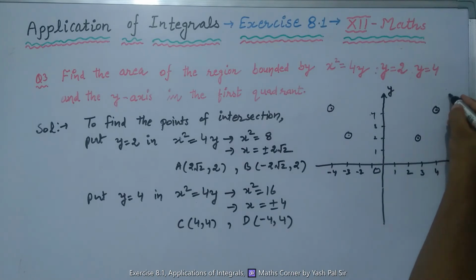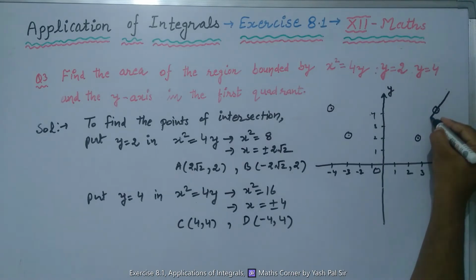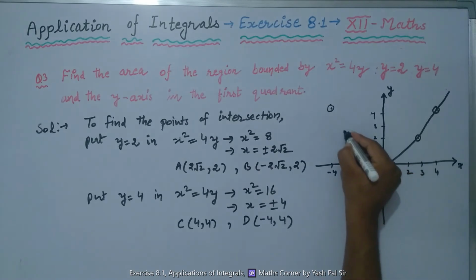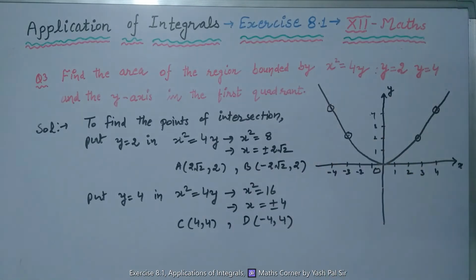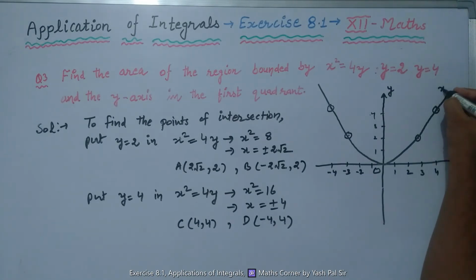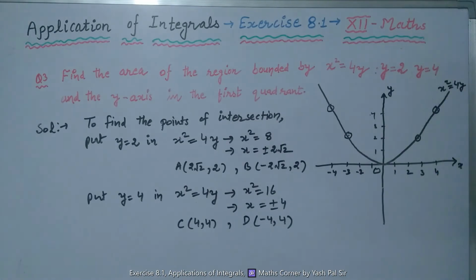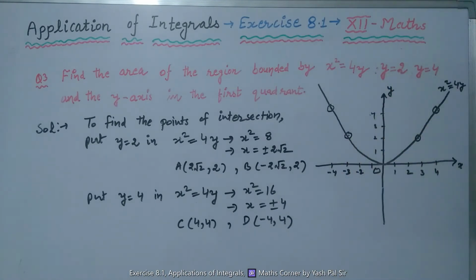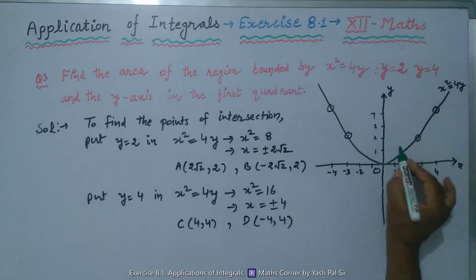So now we can sketch the diagram, we can draw the parabola, upward parabola. The name of this upward parabola is x square is equal to 4y. Now what is the second thing? Put y is equal to 2, equation y is equal to 2.